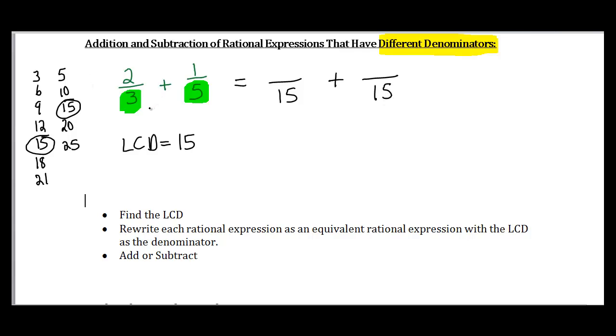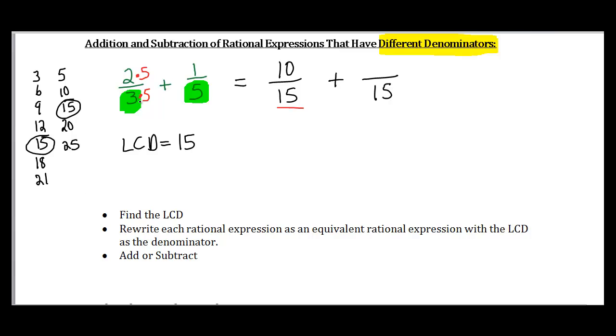And so in order to make sure I have equivalent fractions, I have to think about what I multiply each of these denominators by to get 15. For instance, I'd have to multiply 3 by 5 to get 15 in this denominator here. So I'm going to have to multiply the numerator also by 5. And so that numerator is now going to be 10.